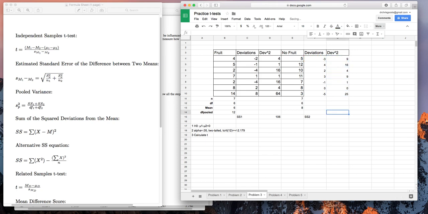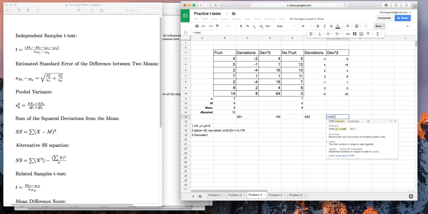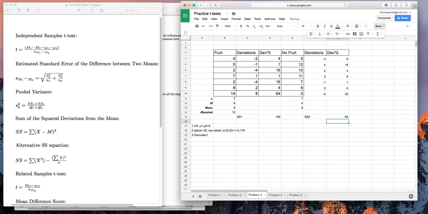And then we'll sum these squared deviations. Seems like it's easier in Excel to sum squared deviations this way than to use that computational formula, but could go either way. I'll show you how to do it in problem 4, maybe a little simpler, all in one equation. All right, we've got our sums of squares.